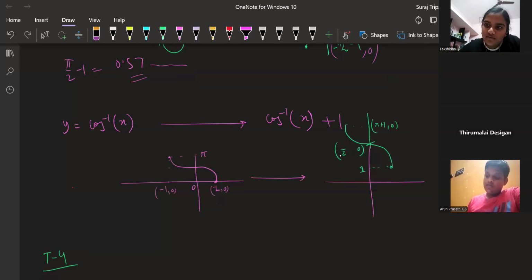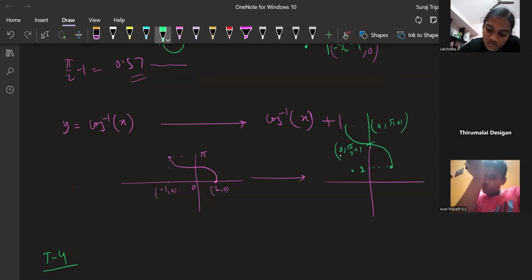Oh yes, by mistake. So 0, comma pi by 2 plus 1. Here also this will be 0, comma pi plus 1. This is 0, comma 1. These points are same: 1, comma 0 and minus 1, comma 0 on the x-axis. Only y will be changed.